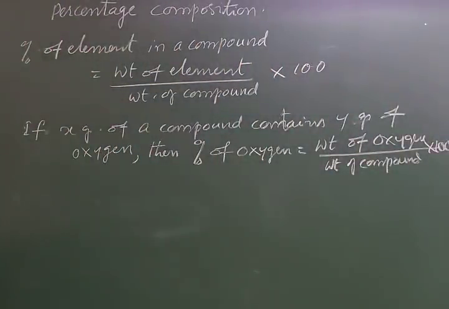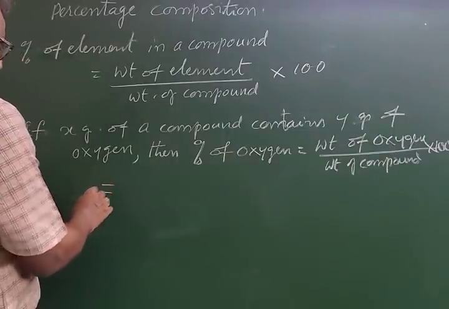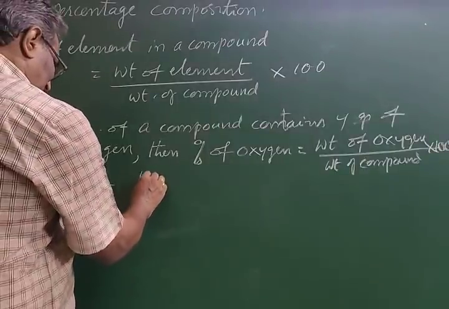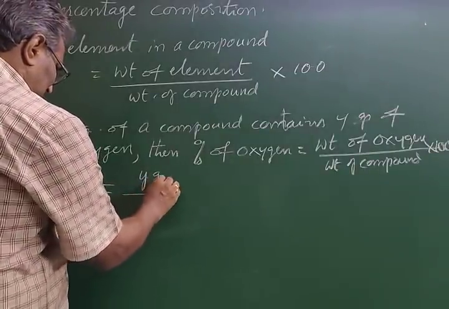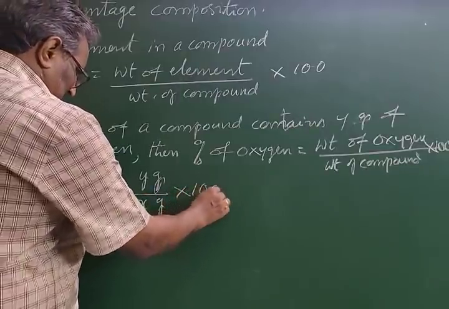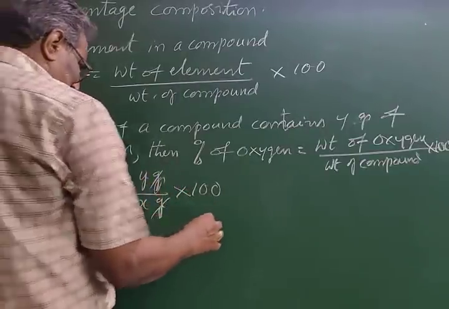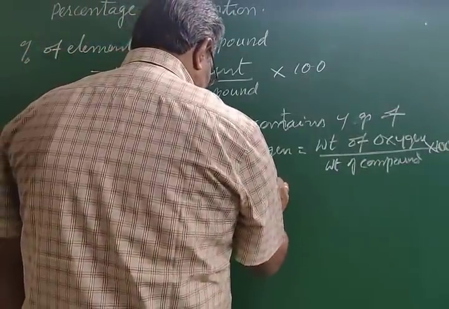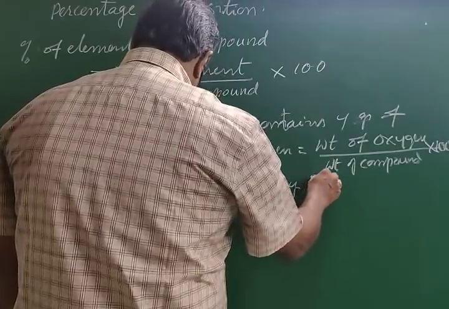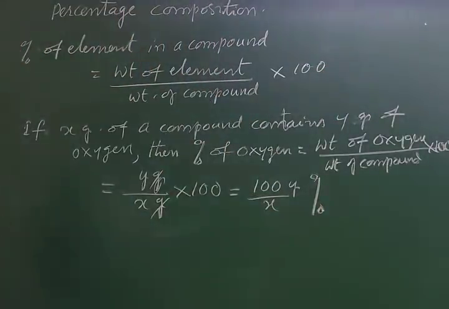Weight of oxygen by weight of compound into 100. That is equal to, what is the weight of oxygen here? Y grams of oxygen. Y grams by x grams into 100. Grams and grams will be cancelled. That is 100y by x. That is the percentage of oxygen.